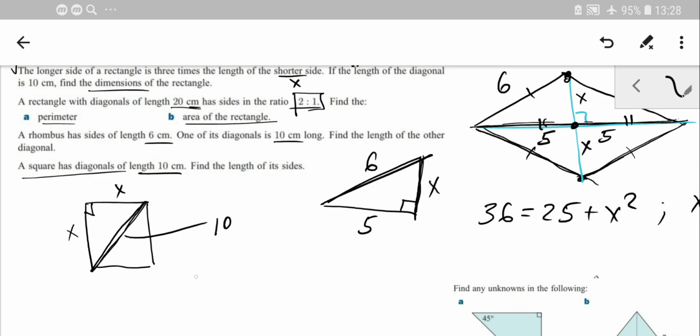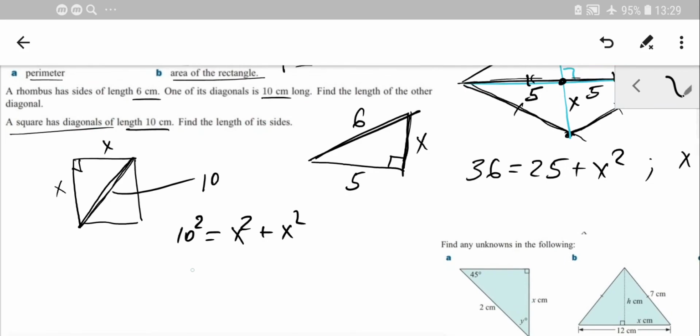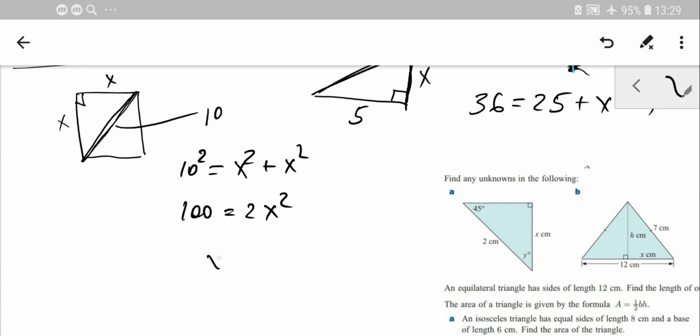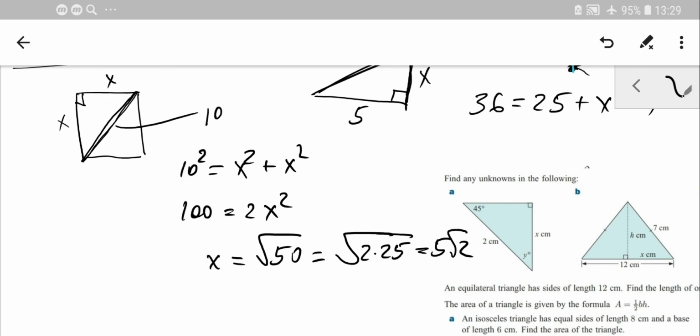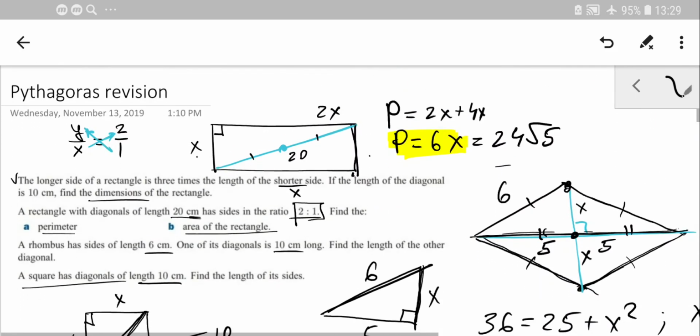So we arrange Pythagoras theorem again. 10 squared equals x squared plus x squared, which is 2x squared. So we'll get 100 equals 2x squared. From here, we can figure out that x is square root of 50, by halving. Or if you like, you can simplify as 2 times 25 and we'll get 5 square root of 2. Alright? So we completed the first block.